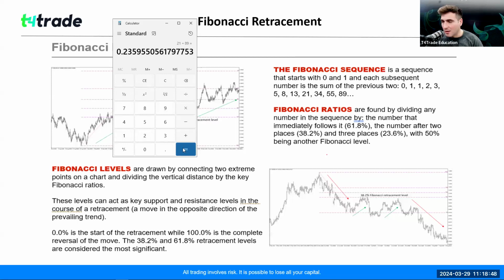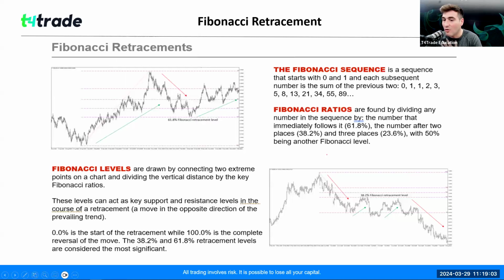You get 23.6. In this case it's 23.59, which rounds up to 23.6. That is how you calculate the Fibonacci ratios. 61.8 is the most important one, followed by 38.2, and then 23.6.